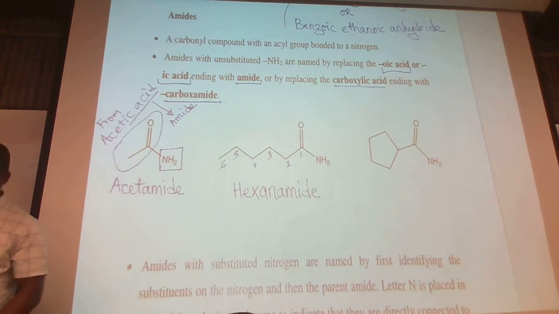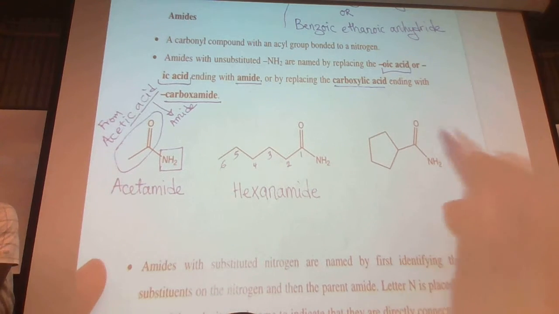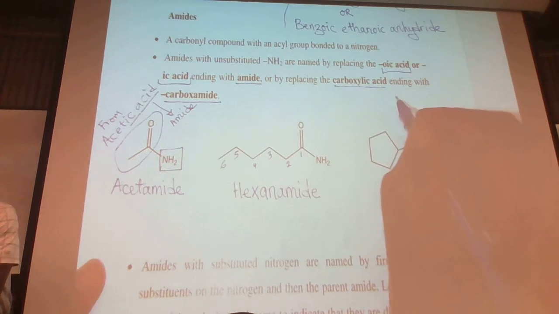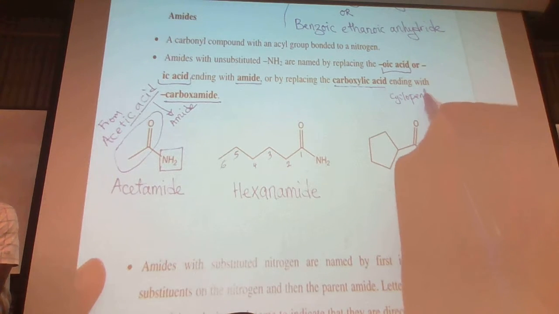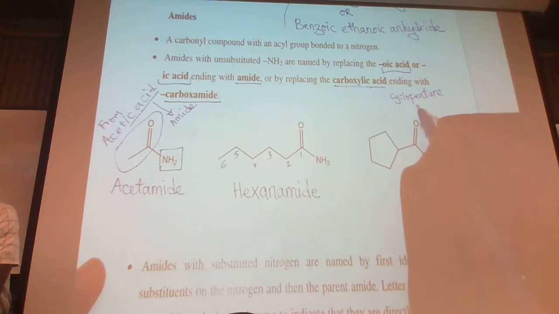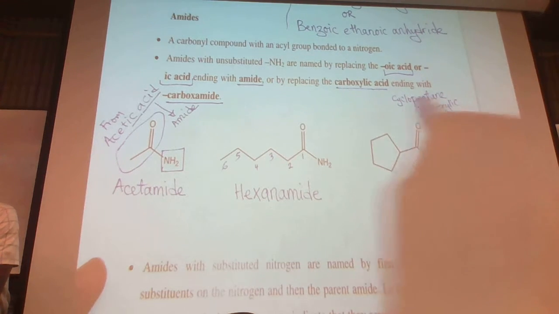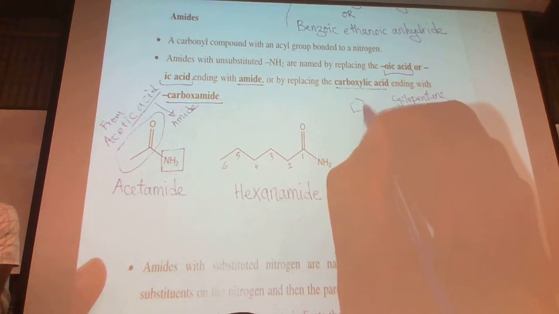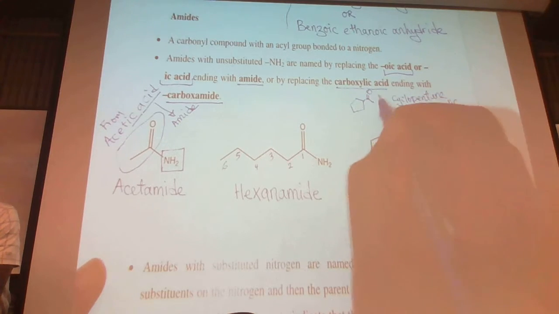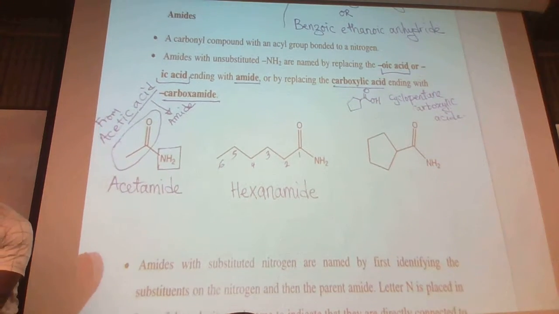Alright, so what about if you want to name this? This came from the corresponding cyclopentane carboxylic acid, right? So it came from this guy, and the rule says we should change the carboxylic acid ending to carboxamide, right?